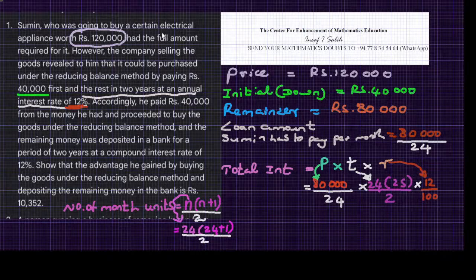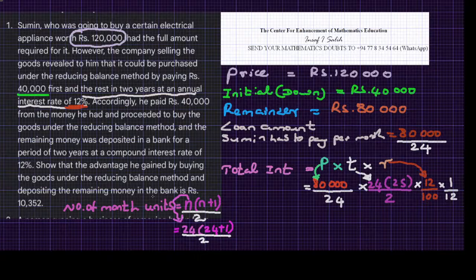If it's 12% per year, how do we convert it for a month? Multiply by 1 over 12, because a year has 12 months. So 12 divided by 12 is 1, and it's 1 over 100, which is 1% per month.